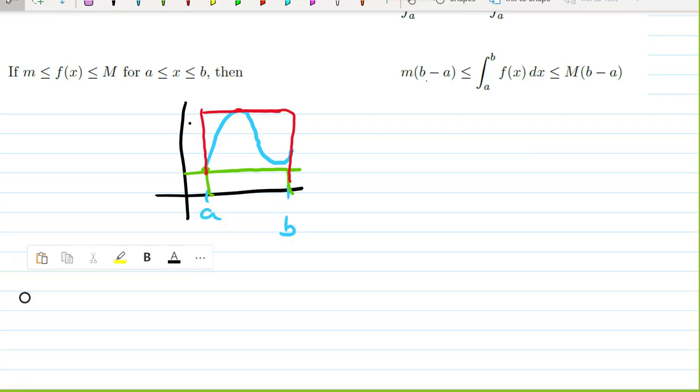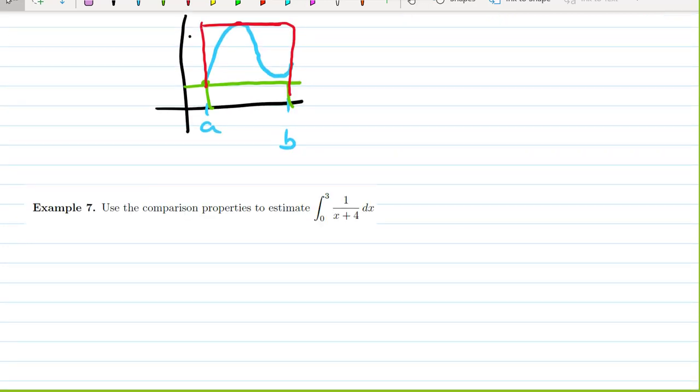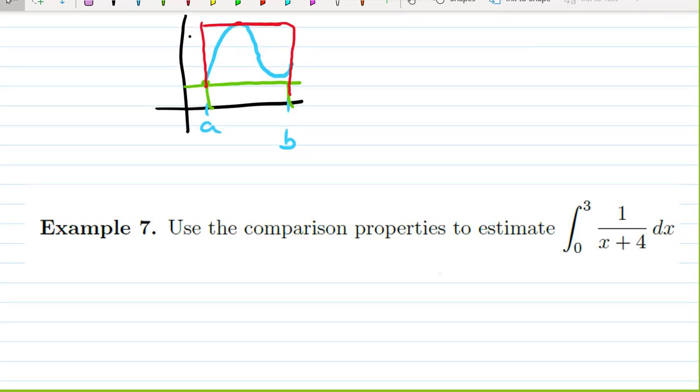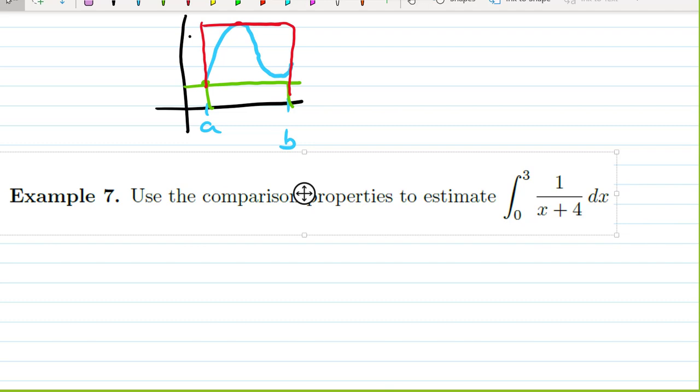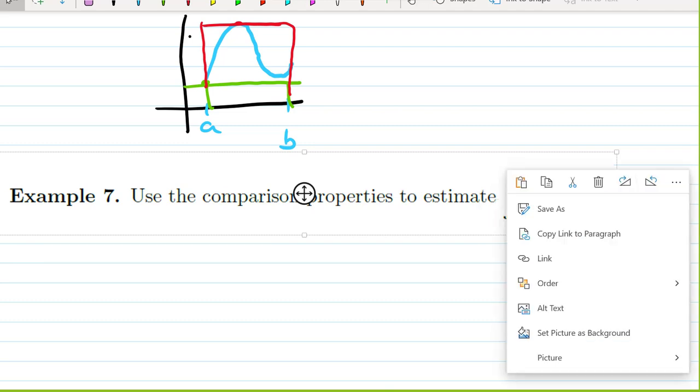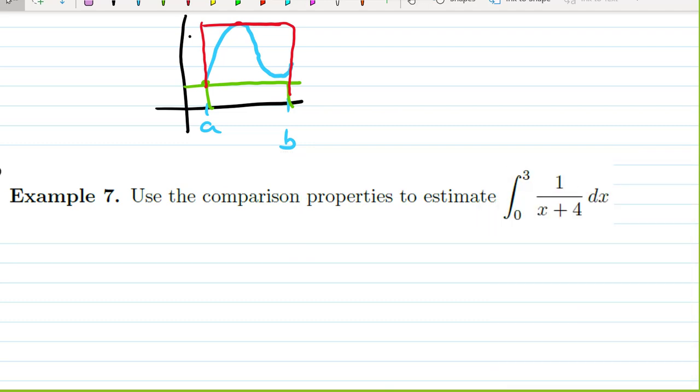So it says, use the comparison property to estimate the integral from 0 to 3 of 1 over x plus 4 dx.